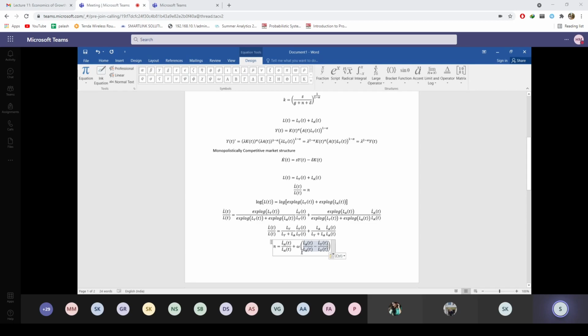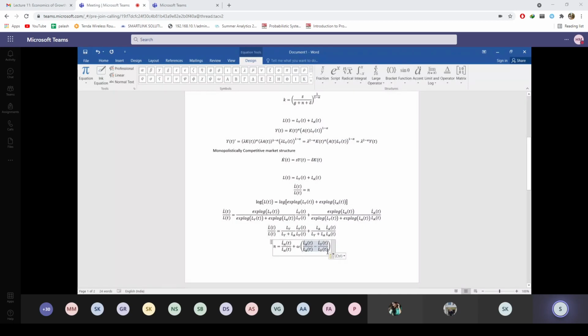So along the balanced growth path, the term in the bracket is basically 0, because in the long run, balanced growth path means the rate of growth of labor force devoted to produce technology, which is La dot by La, minus the rate of growth of labor force devoted to produce output, which is Ly dot by Ly, they are identical.